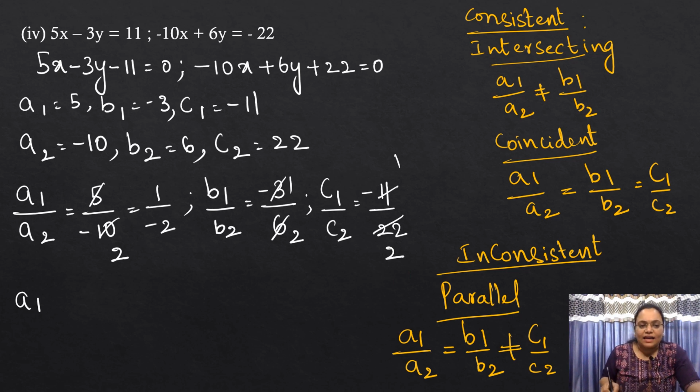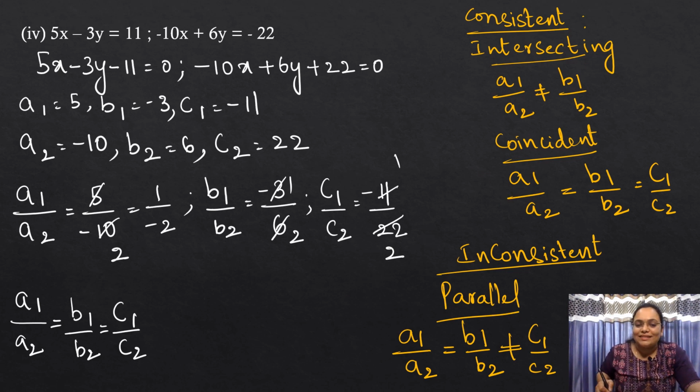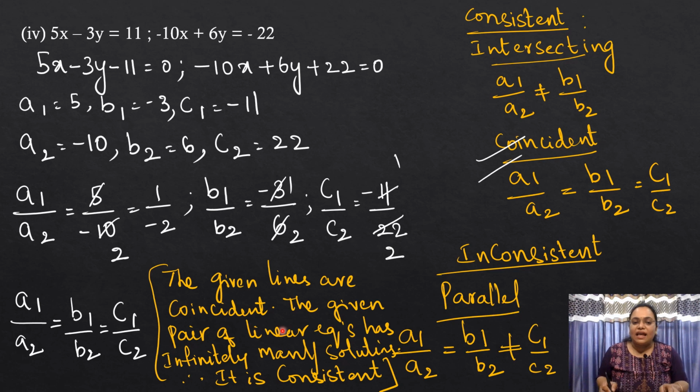So we can say that a1 by a2 is equals to b1 by b2 is equals to c1 by c2. So this is the condition for the coincident. So we can say that the given lines are coincident because it is satisfying the condition a1 by a2 is equals to b1 by b2 is equals to c1 by c2. So the given pair of linear equations has infinitely many solutions. Therefore, it is a consistent system.